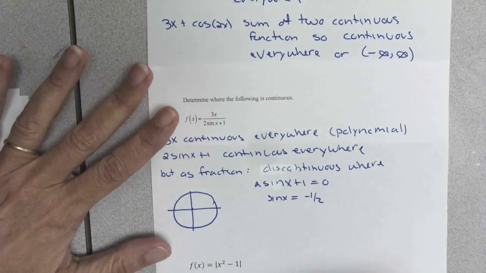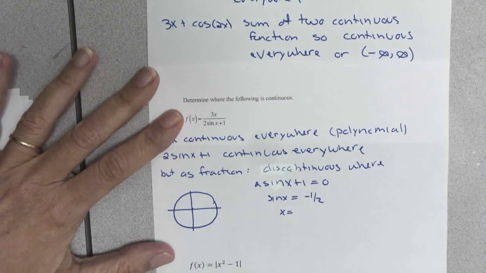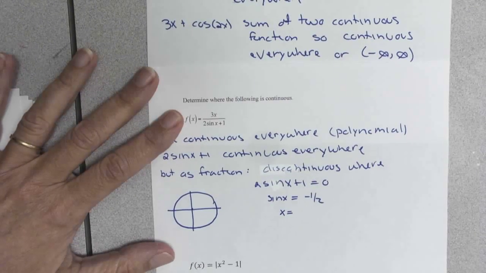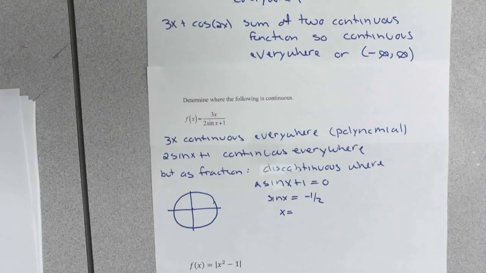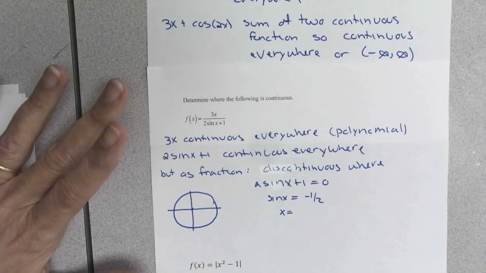And sine x equals 1/2 at pi over 6, but that's positive 1/2, so I need the negative. And so sine is negative in the second and third quadrants.